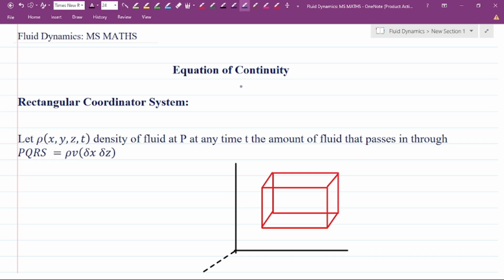So first of all, we start with the rectangular coordinate system, the equation of continuity. It is a very important topic, and it is based on the conservation of mass.